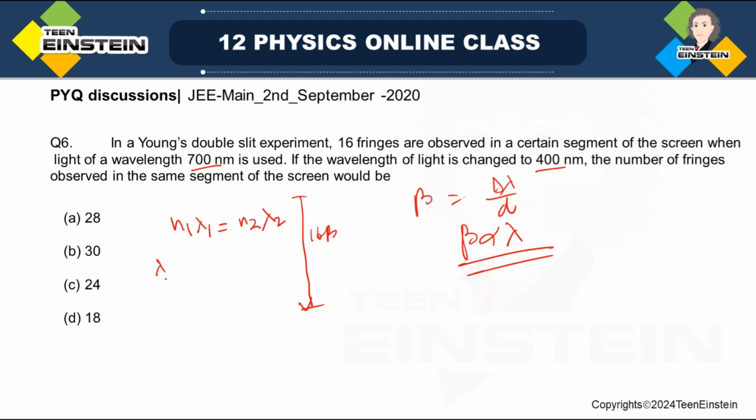So n2 I have to find out, how many fringes will be there in the same region when the wavelength of light is decreased. So n1 is 16, lambda is 700 nanometer. Let me do it cleanly.